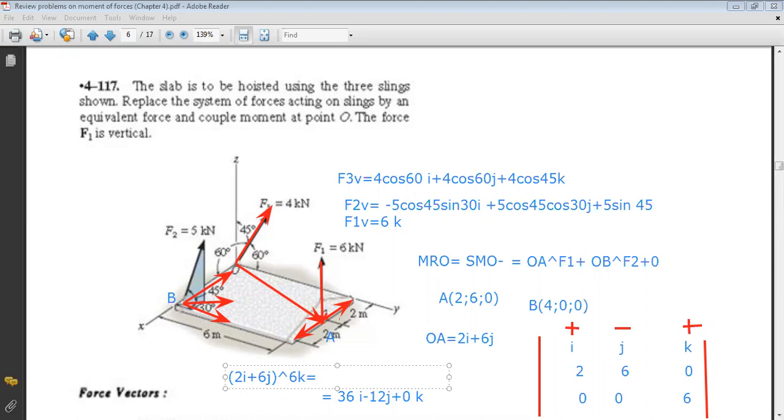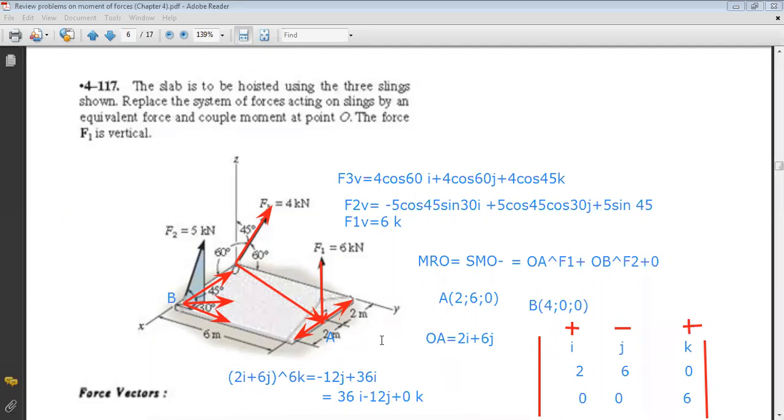You have i vectorial k is minus j, and 2 times 6, it's minus 12j. And j vectorial k is plus i, and 6 times 6 is 36, so plus 36i. So you can see that you got the same result, but it is much faster here, because you have only one component, so the expansion is simple.